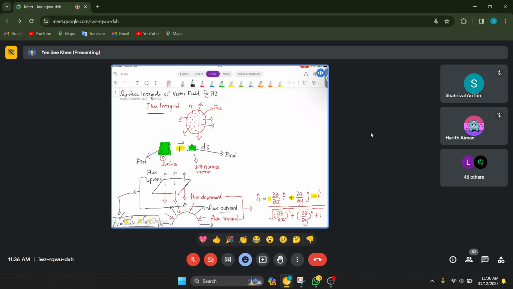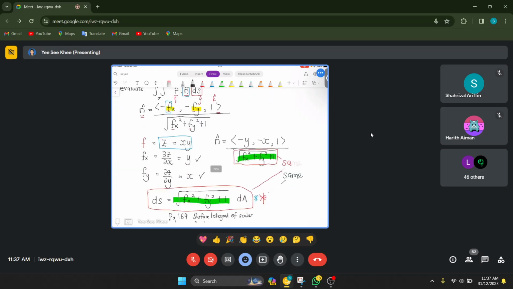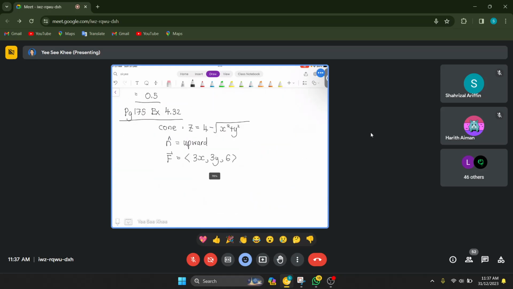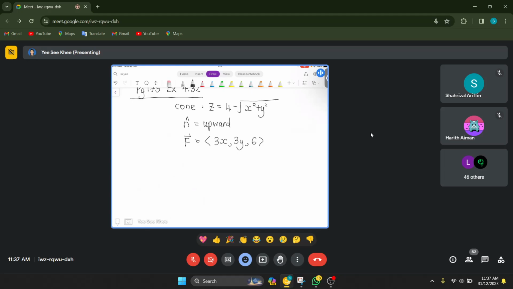You want to find the flux coming out from the surface. So the flux coming out from the surface equals the surface integral of the vector field. This is something that you need to solve.